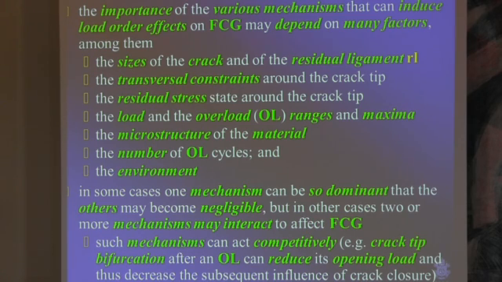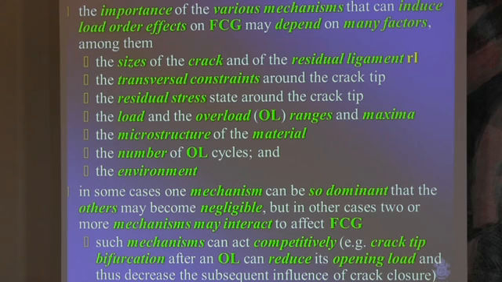And in many cases, one of the mechanisms is so dominant that others may become negligible, but in other cases they are not. Such mechanisms can interact and affect the fatigue crack growth behavior. They can interact competitively.